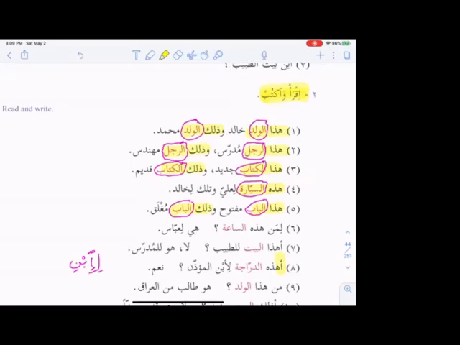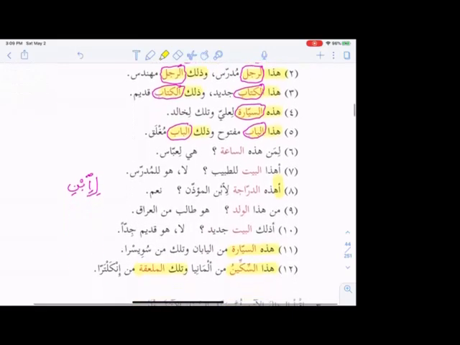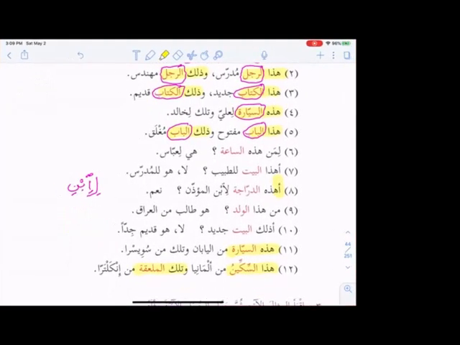Who is this boy? See, this boy. Huwa talibun min Iraq. He is a student from Iraq. Fine. Adhalikal baytu jadidun? Is that house, see, together, that house, is that house new? La, huwa qadimun jiddan.